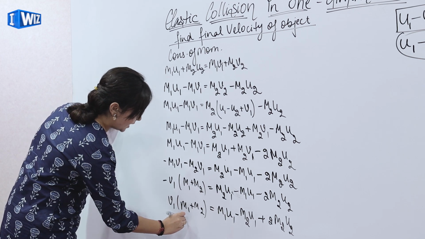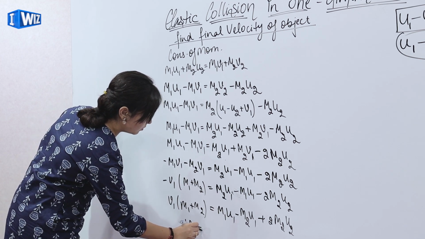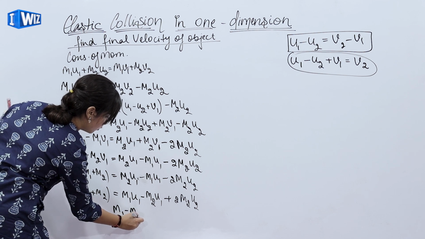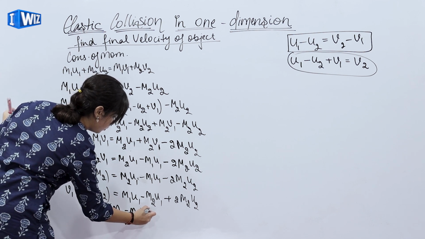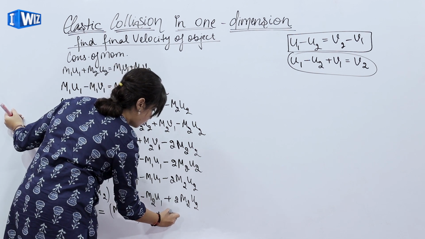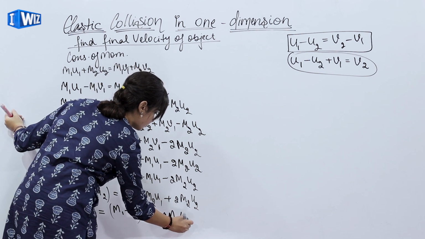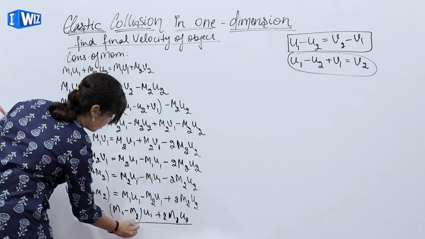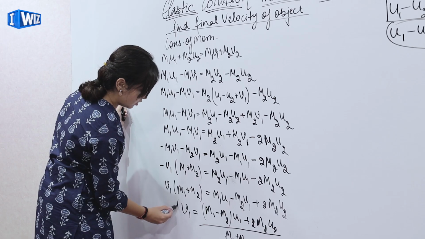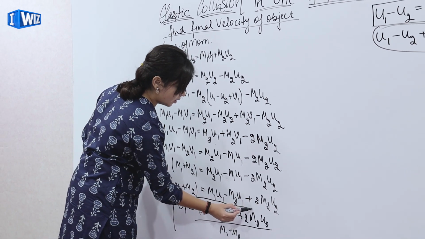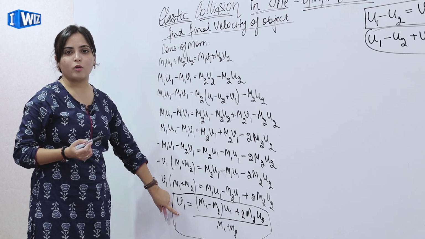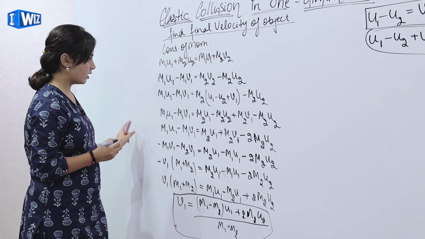So from here I'll get v1 is equal to (m1 minus m2) u1 common, plus 2 m2 u2, upon m1 plus m2. So this is the final velocity after collision that the object m1 moves with.